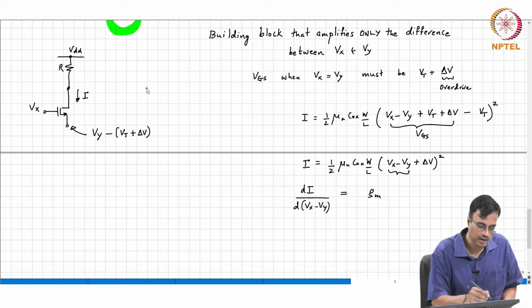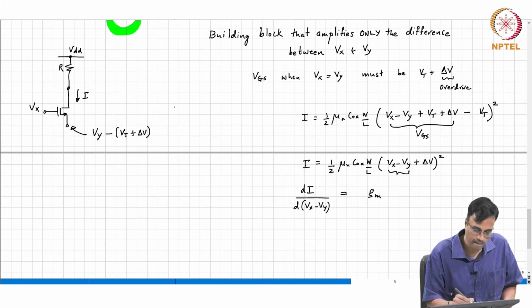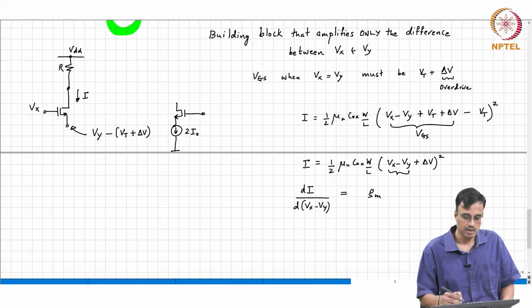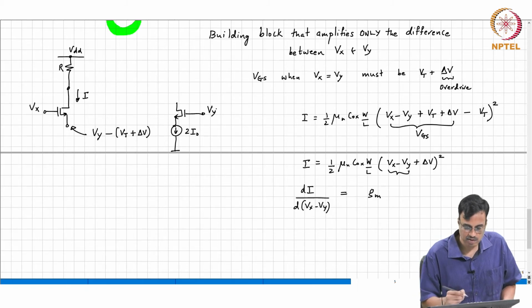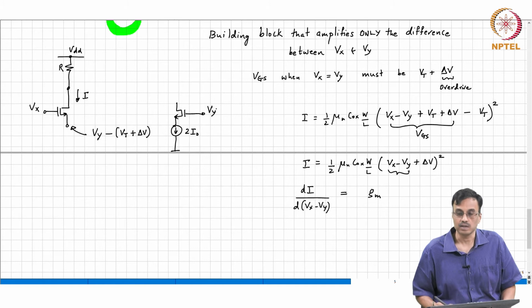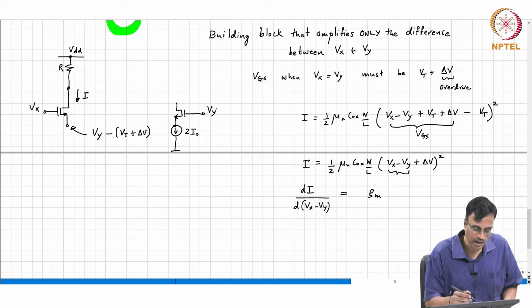Well, we take, let me just call that 2I0 for, turns out that it becomes convenient, nothing else, we could have called it I0. Okay. So, what happens now?